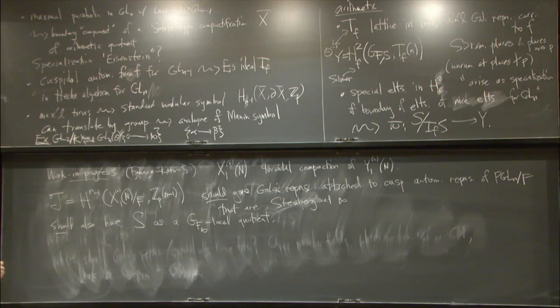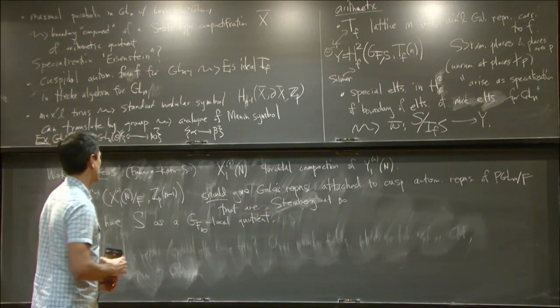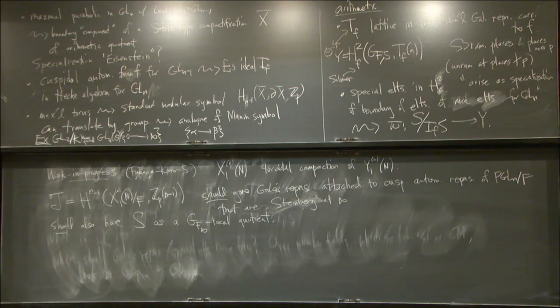So even if you think the Galois representations for GL_{n-1} can be found as Eisenstein quotients, I wouldn't be surprised if they were somewhere in the cohomology.